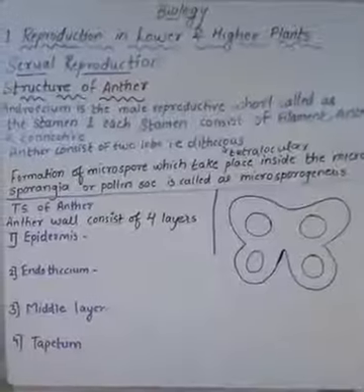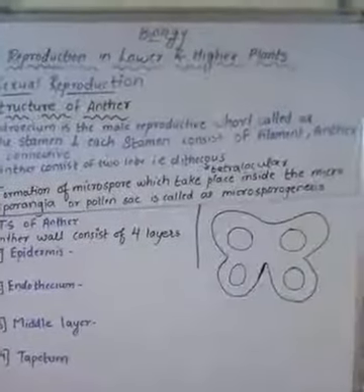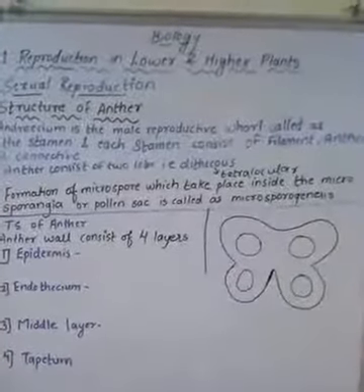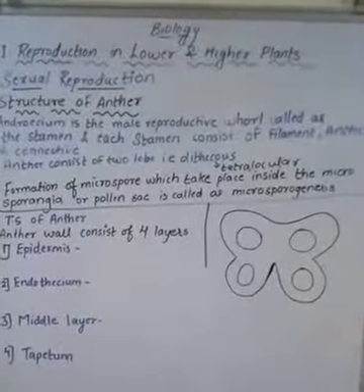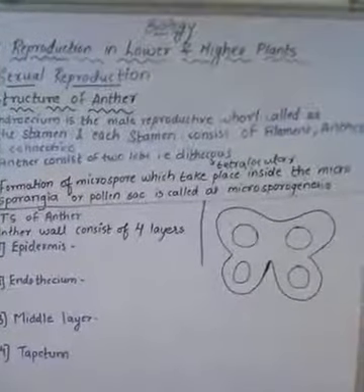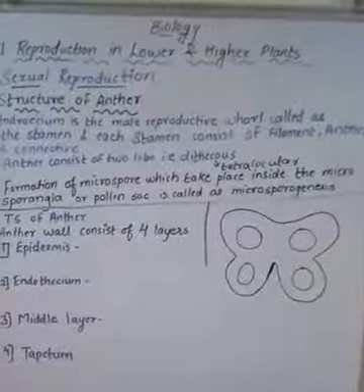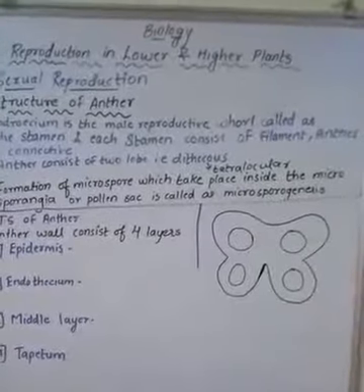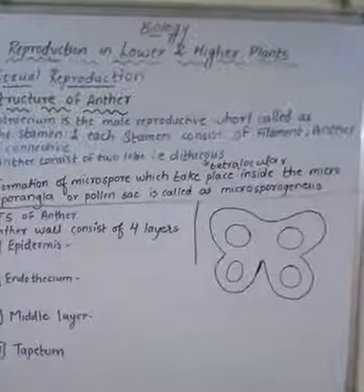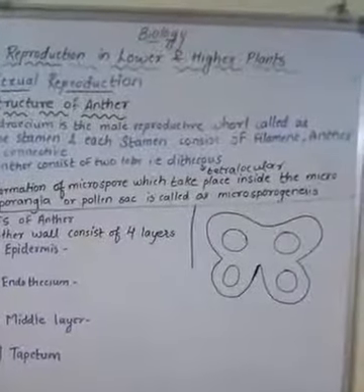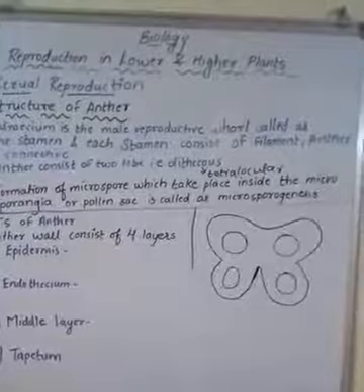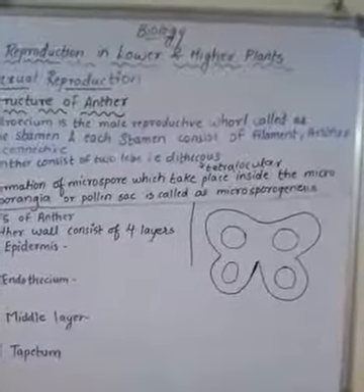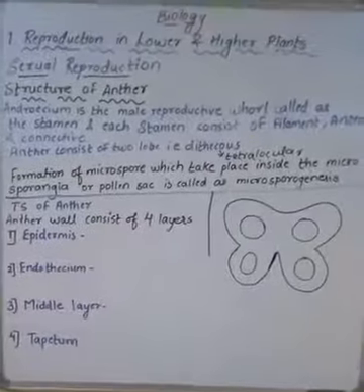Now the process of microsporogenesis takes place inside the anther. So what is microsporogenesis? A very easy definition is: the formation of microspores which takes place inside the microsporangia, or the pollen sac, is called microsporogenesis.